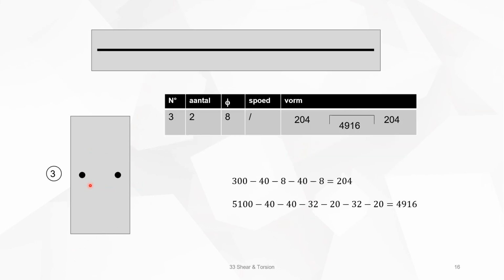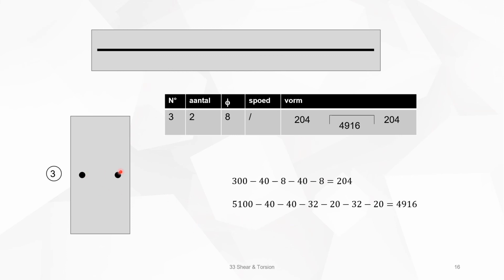Then we come to bar number 3. Bar number 3 is just a technological reinforcement, because otherwise the distance between the compression and the tension reinforcement is too big. We have 2 diameters 8. We take the smallest diameter, which is 8, also in a U shape.